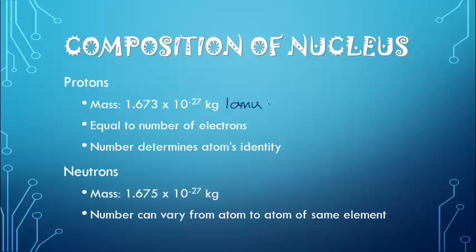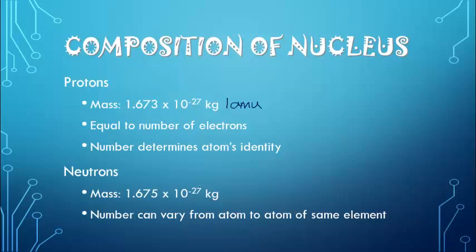Then we have the neutrons. If we just had protons, we would find that we still do not have the total mass that we need for the atom. It's only about half of the mass. So there has to be something else in there, and that we called the neutrons. These are going to be those other particles. They are neutral in charge because they're not going to affect that positive-negative balance that we already have, but they are going to give us the rest of our mass.